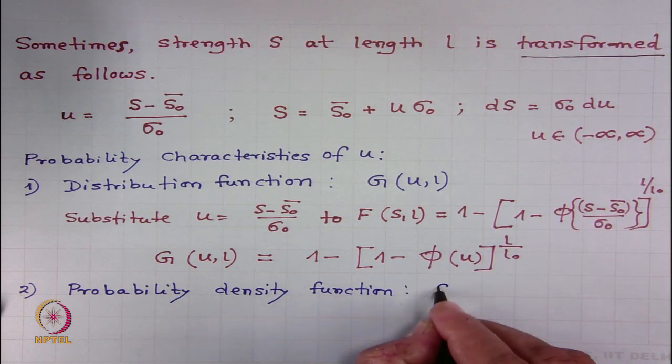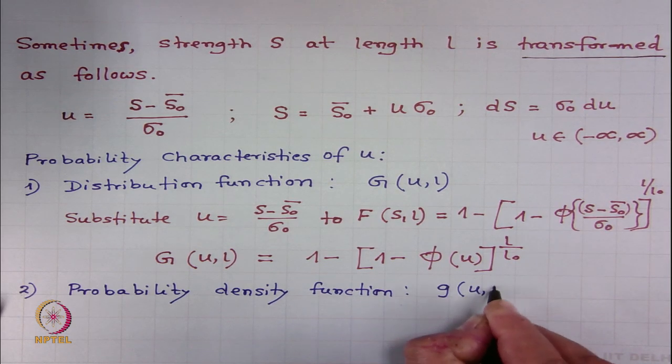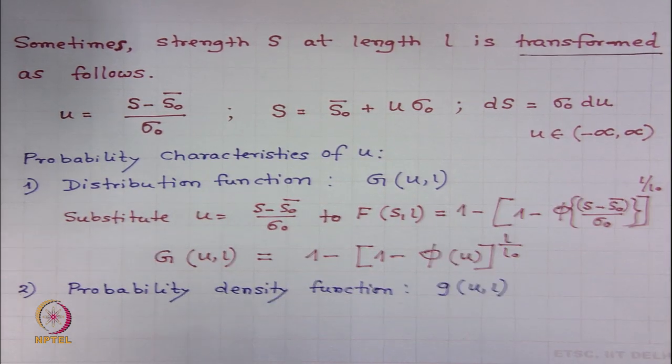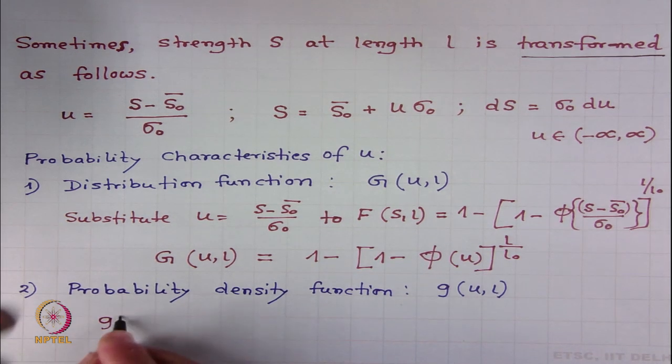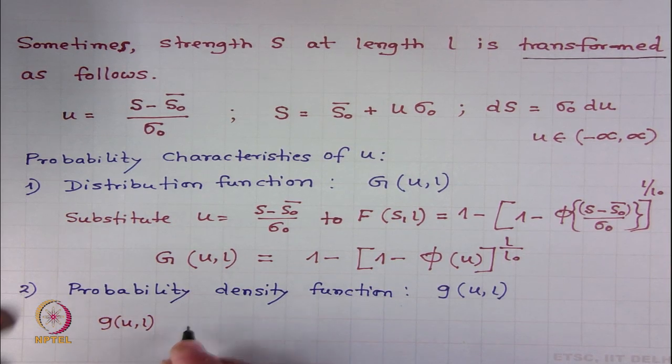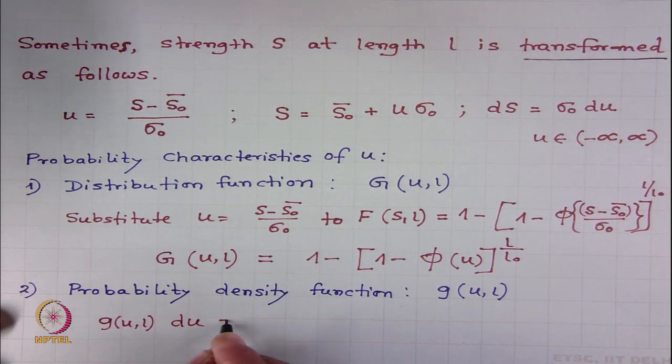We use the symbol small g U L. From the theory of probability, it is valid that g U L dU is equal to f S L dS.